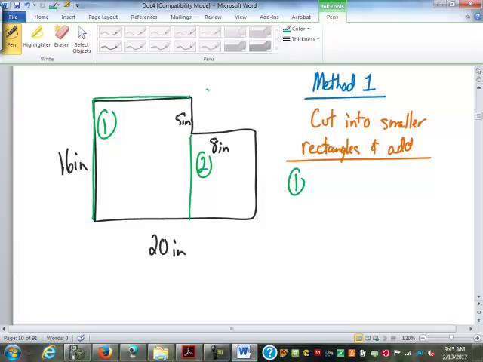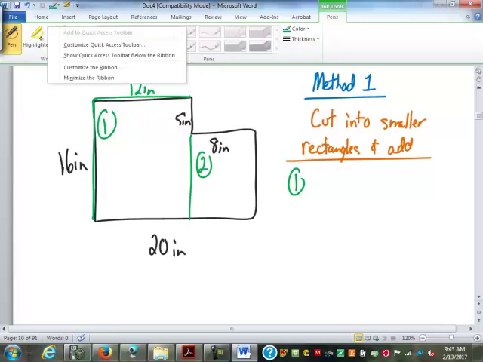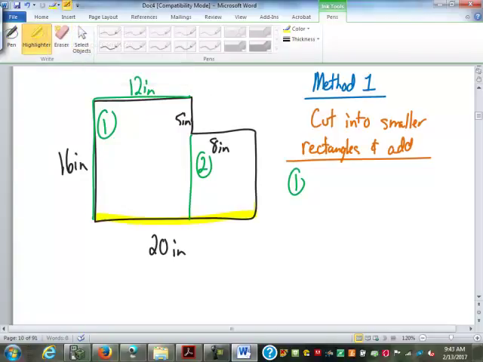What's that going to be? Perfect. It's 12 inches, and we get that because it's 20 all the way across here, which means it has to be 20 all the way across here, and we subtract out the 8. So 20 minus 8 gives us the 12. Good. So that area is 16 inches times 12 inches, which gives us 192 inches squared.